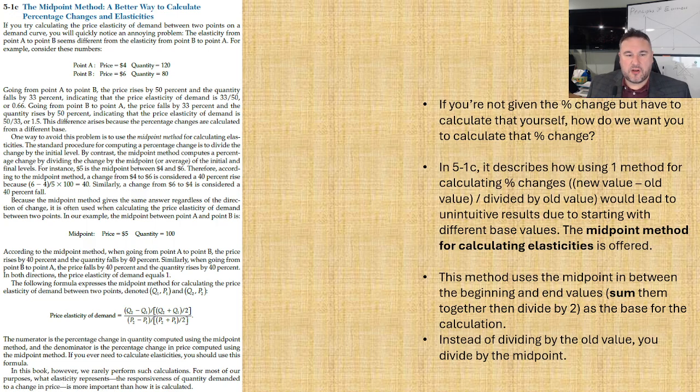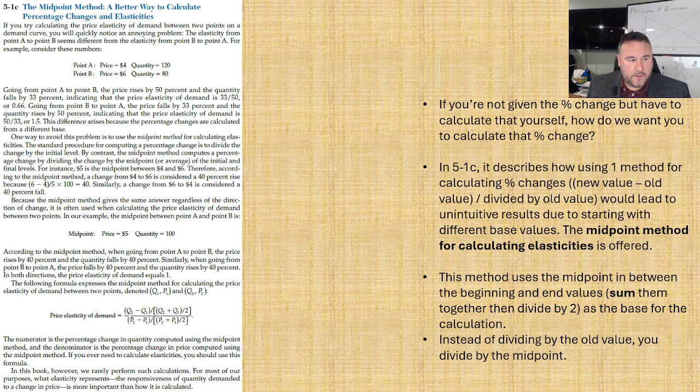Now, your intuition is going to tell you to calculate the percentage change by taking the new value minus the old value and dividing it by the old value. But since you're going to be comparing values that have different bases to divide by, that's going to give you some unintuitive results. So we're going to be using the midpoint method to calculate the elasticities.